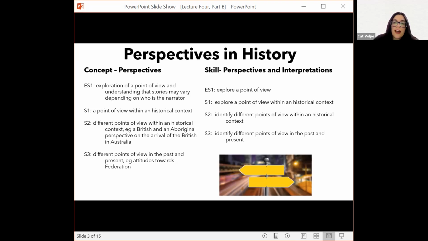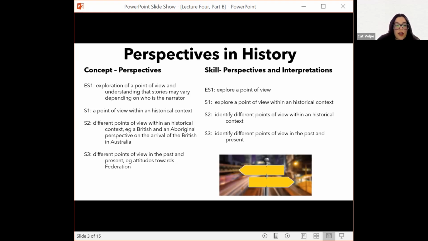But as a skill, we actually need them to be engaged in the unit of work by exploring a point of view. And you can see that it's quite similar, really. They're exploring a point of view, okay? So they're actually doing that in the classroom, but they also need to understand that the point of view can be different depending on who the narrator is, okay? So they kind of go together. They're both working together in a way.